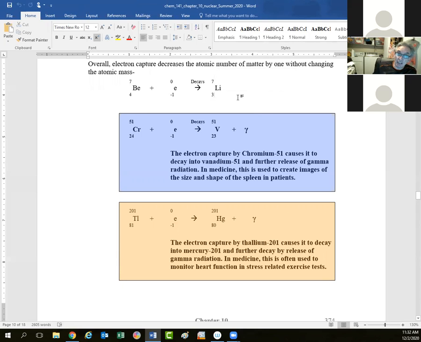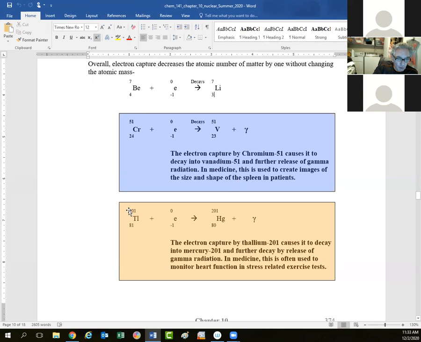And sometimes these isotopes produced from the electron bombardment are radioactive themselves. Some good examples of that are things like chromium-51, bombarded with electrons to create an unstable form of vanadium. And that vanadium unleashes gamma radiation, which has been used in medicine to create images of a patient's spleen and look for trouble.